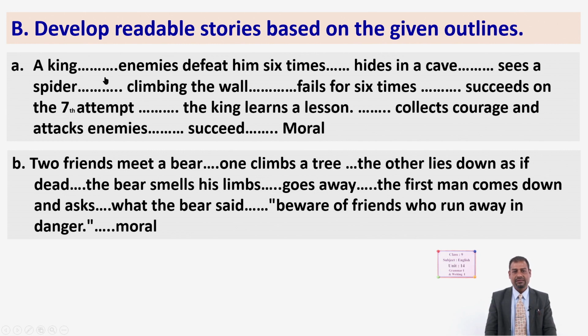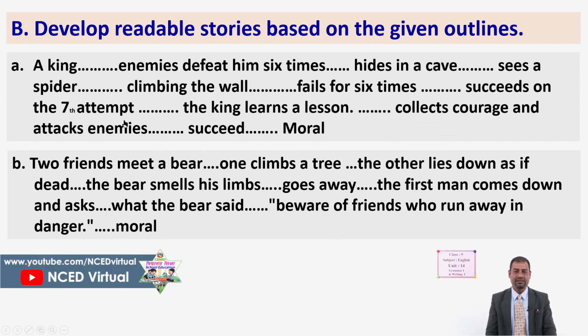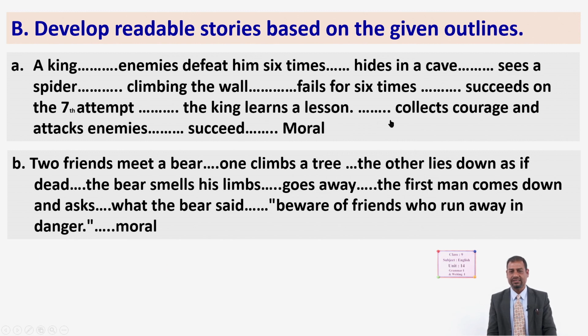A king... enemies defeat him 6 times... hides in a cave... sees a spider... climbing the wall... fails for 6 times... succeeds on the 7th attempt... the king learns a lesson... collects courage and attacks enemies... succeed... moral.